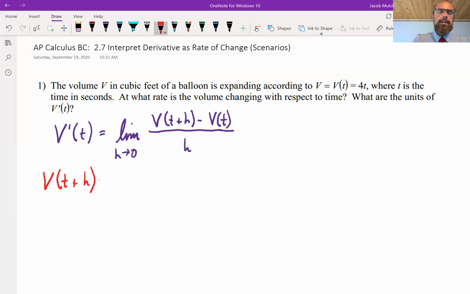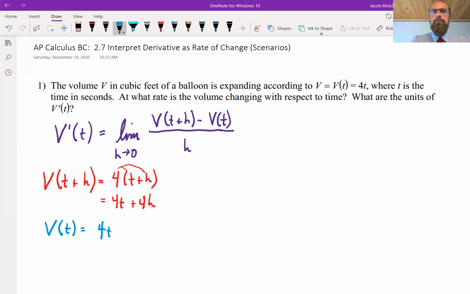V of t plus h is the original function V of t, which is 4t, with t plus h substituted in. We can distribute the 4, so that equals 4t plus 4h. The original function V of t is just 4t.